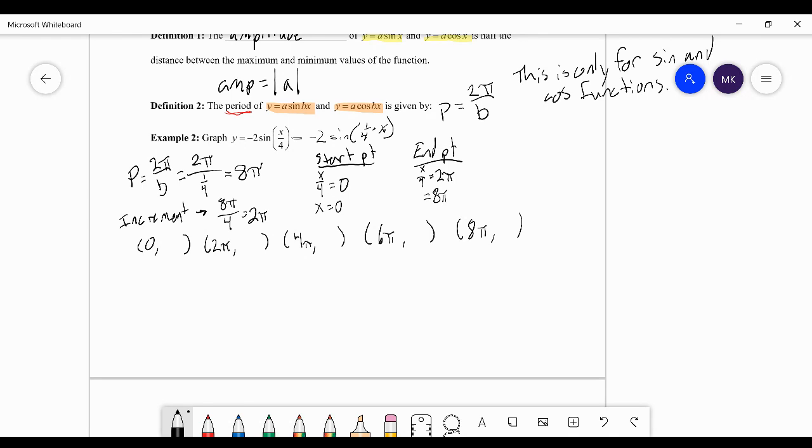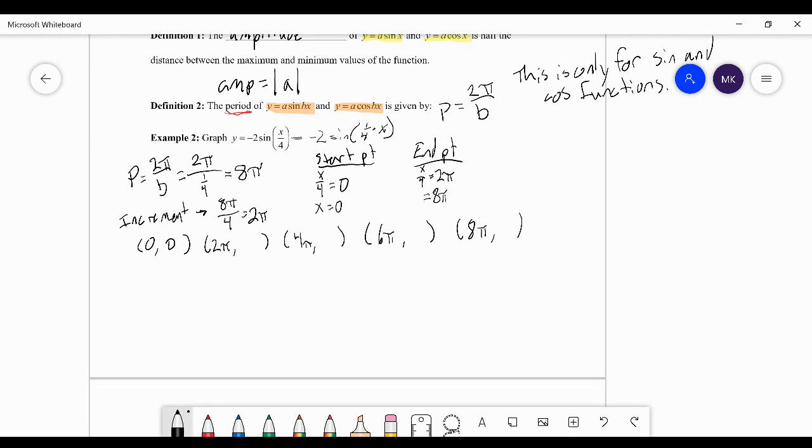So what I want to do is figure out what these values are. If x equals 0, what is y? Well, if x is 0, follow with me, then we have negative 2 sine of 0 over 4. So 0 over 4 is 0. Sine of 0 is 0. Negative 2 times 0 is 0. Well, that's nice. This still starts at 0.